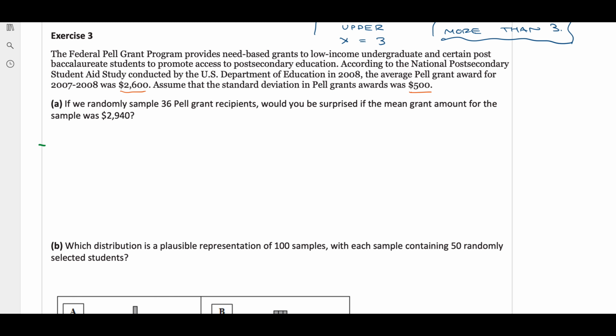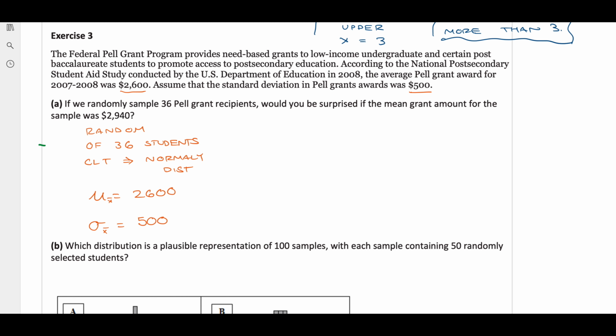So if we pick a random sample of 36 students who got Pell Grants, the central limit theorem says that this is normally distributed, with a mean of 2,600. The 500 was the old standard deviation.